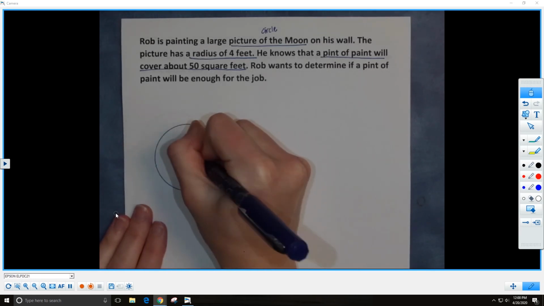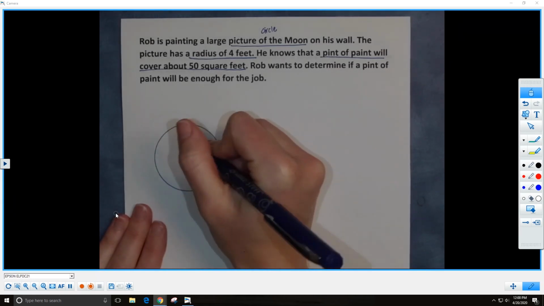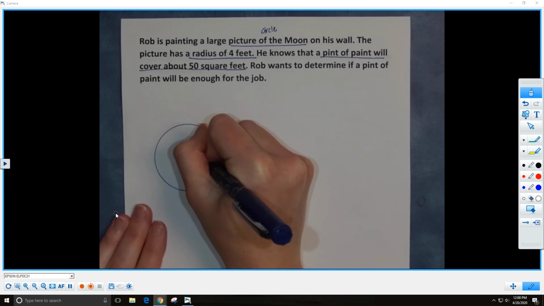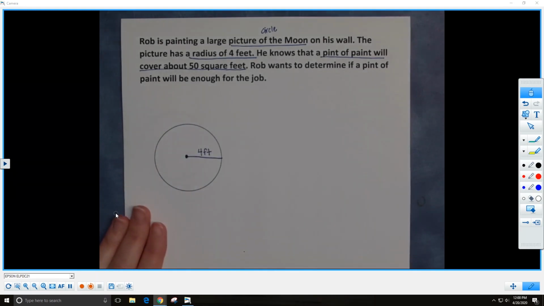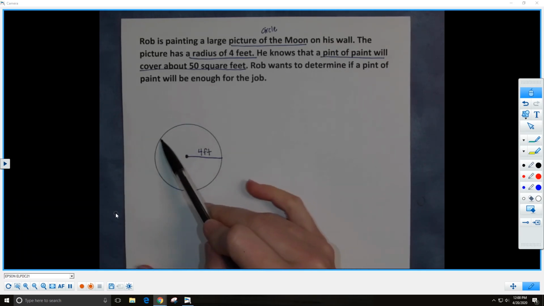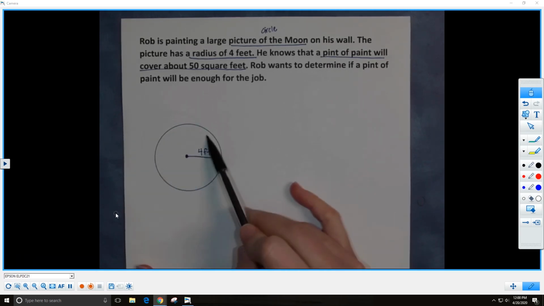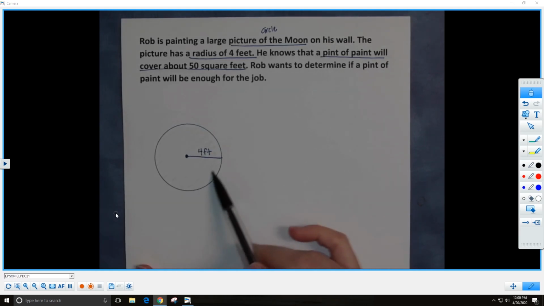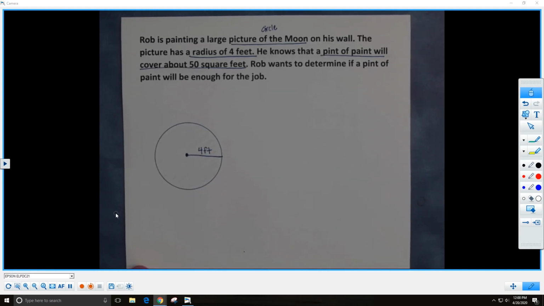We know that the radius of the circle is 4 feet. And remember that we're trying to find the area, and we discussed previously that area is all of this inside of the circle. It's how much space the circle takes up.